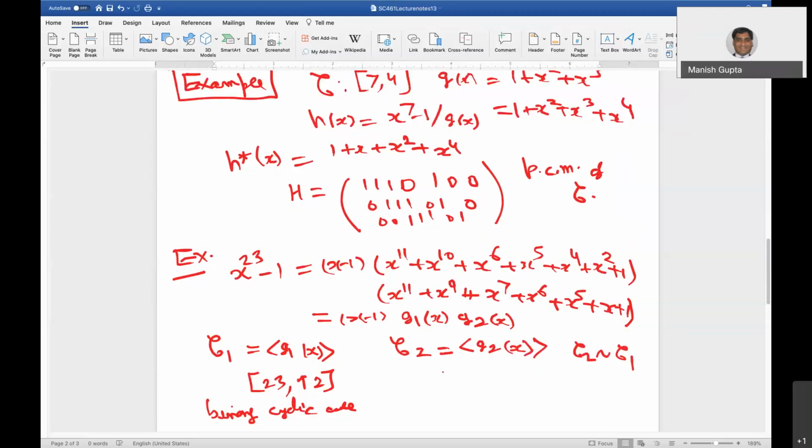And g1(x) and g2(x) are reciprocals of each other. And I think the reason is clear because the Golay code is a self-dual code. Okay. So this is an important result.